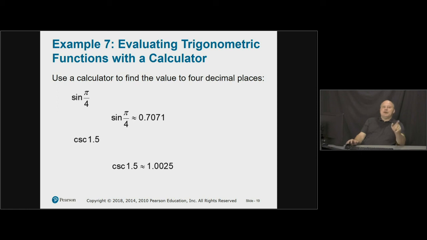You can't do cosecant of 1.5 if you don't know that's 1 over sine. The calculator doesn't help. If you do not know what cosecant is in terms of sine, the calculator won't help you, because there is no cosecant button. So you have to find out which identities that relates to. Cosecant and sine are reciprocals. That's how you punch it in.